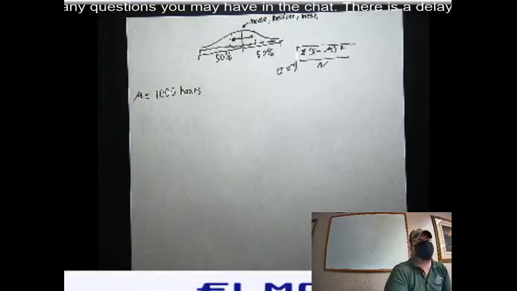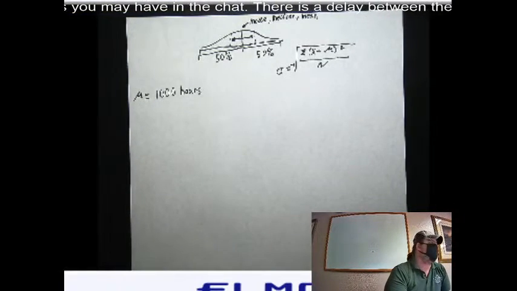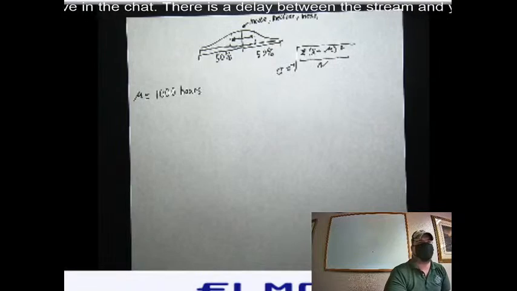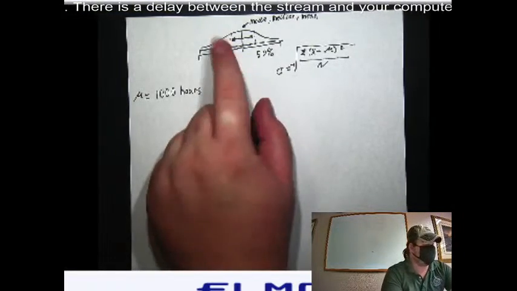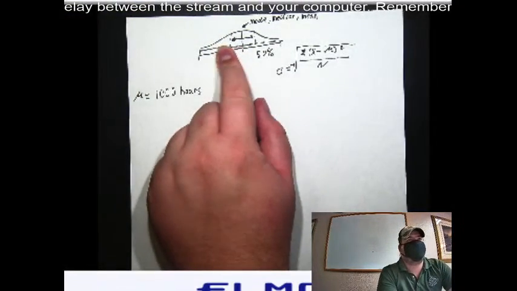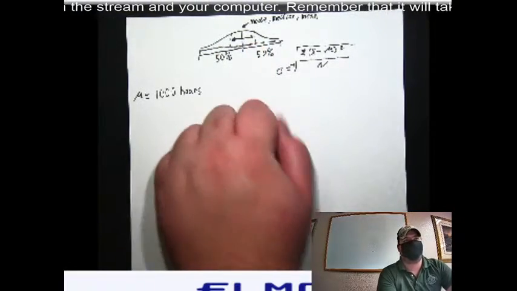Okay, so does that mean that every light bulb lasts 1,000 hours? No. It just means that on average, the light bulbs last 1,000 hours. Some of them are going to be less than 1,000 hours. Some of them are going to be more than 1,000 hours.